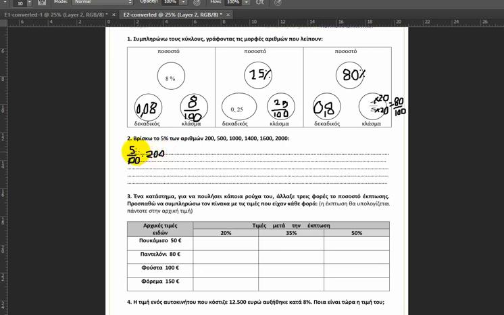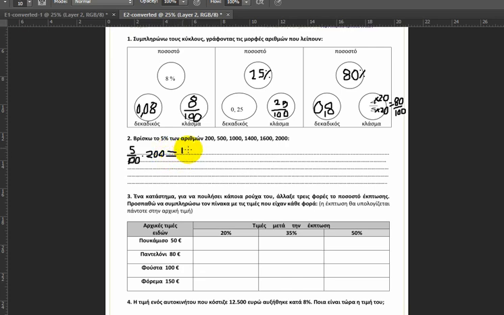And the next one we would do 5 over 100 times 500, then 1,000, then 5 over 100 times 1,400, and then 5 over 100 times 1,600. You get the idea. So here we would have 5 over 100 times 200.